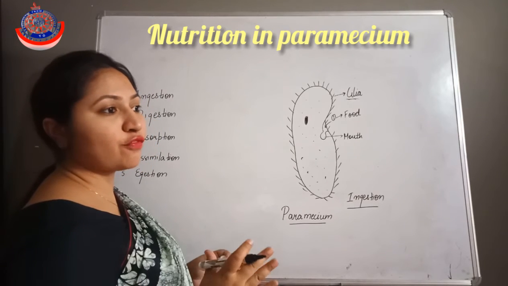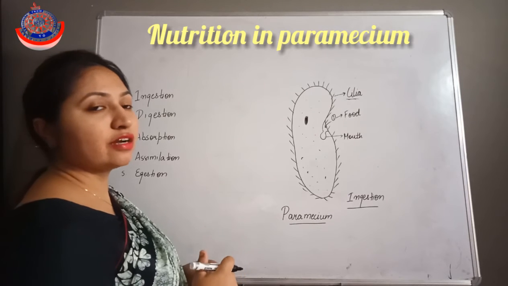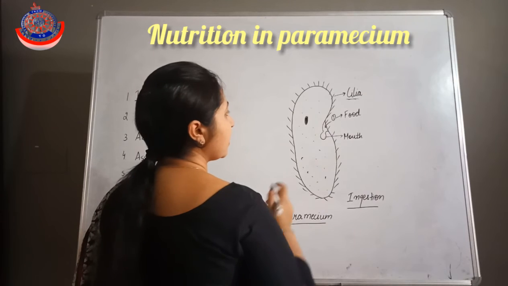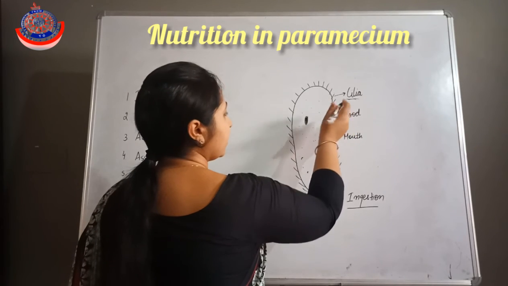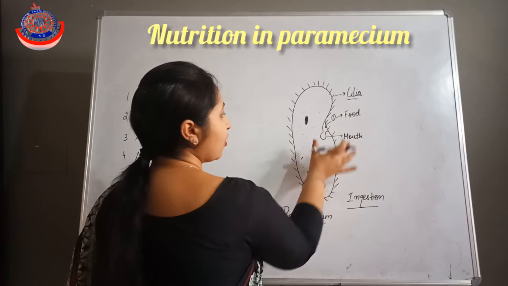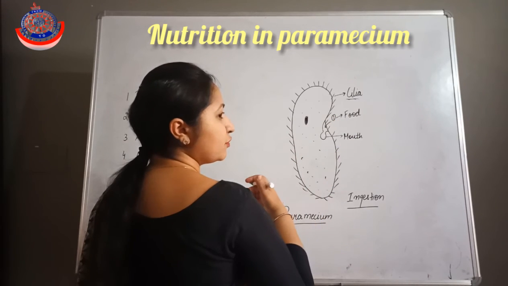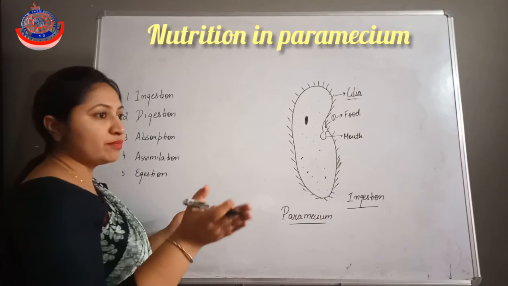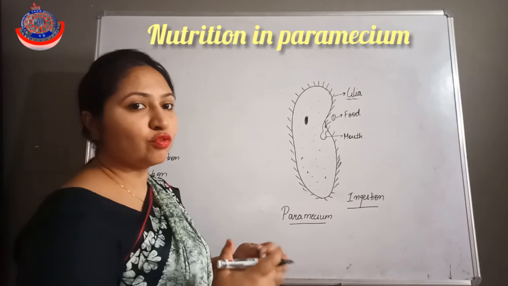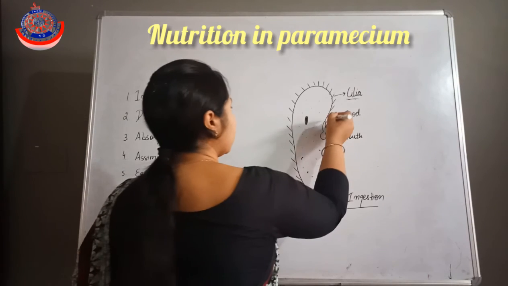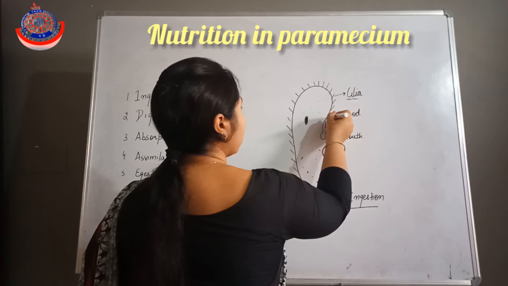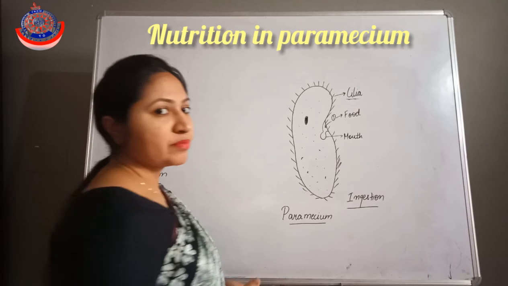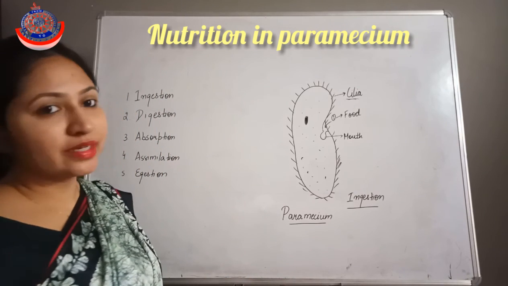Amoeba forms finger-like projections for the engulfment of food, but here a particular small mouth is present, and when food is near the organism, the Paramecium takes up the food with the movement of these cilia. These hair-like projections move, and because of that, the food present near the body enters through the mouth and into the cell. In this manner, ingestion takes place.